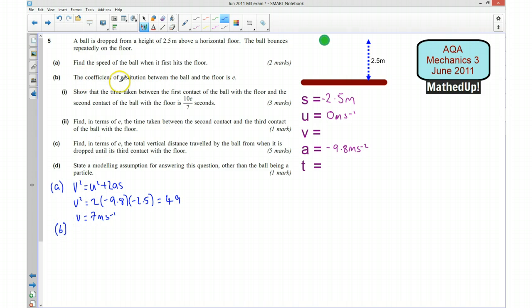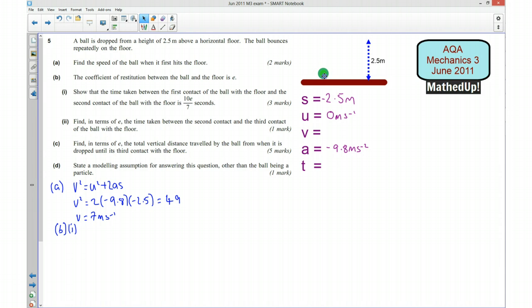we want the coefficient of restitution between the ball and the floor to be e, and we want to show for part 1 that the time taken between the first contact of the ball with the floor and the second contact of the ball with the floor is 10e over 7 seconds. So we know that when it hits the ground, its final velocity was 7 meters per second.